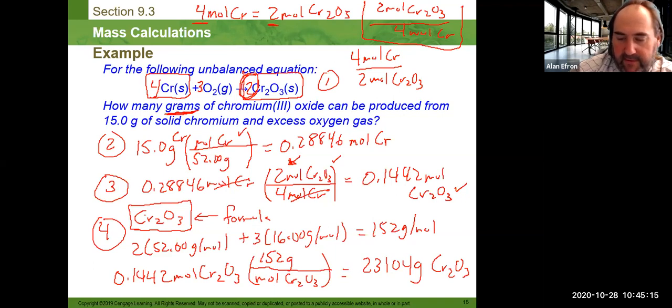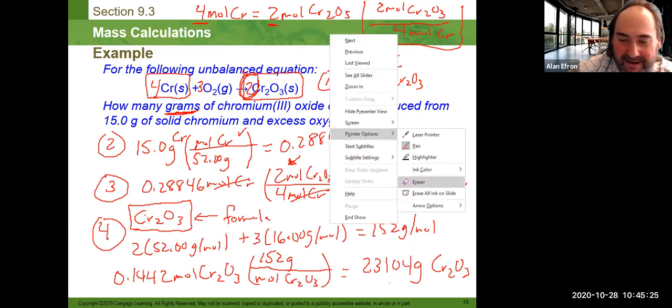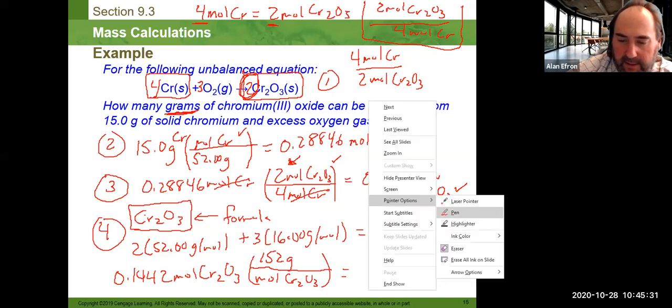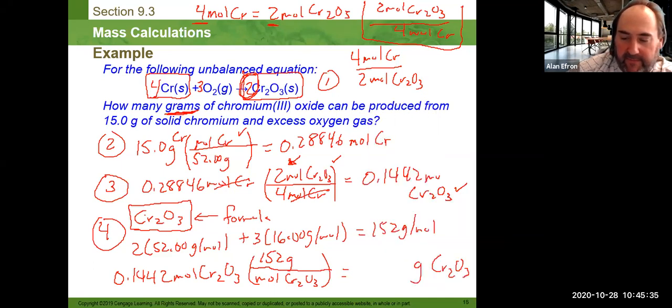Times 2 divided by 4. 0.144. Go, and that is 152. I think I did punch it in wrong, so let me double check that. All right, try that again. All right, so if you actually punch it in right here on your calculator, one more time here, 1.442 times 152. There we go. Gives you actually 21.9. Sorry about that.